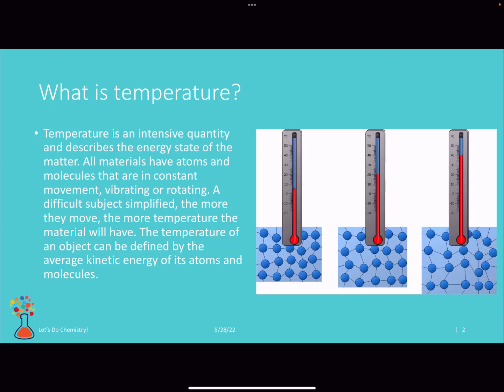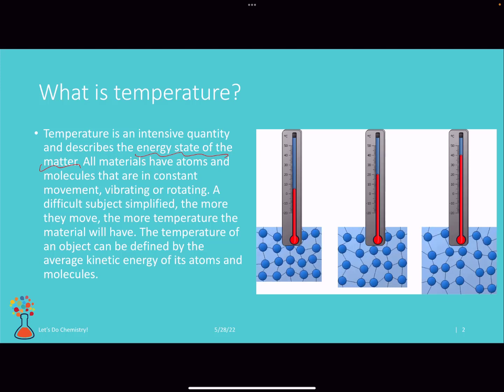Let's get started from what is temperature. So temperature is an intensive quantity and describes the energy state of the matter. So what does that mean?